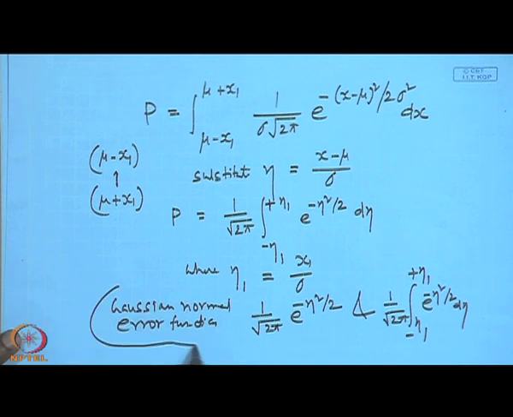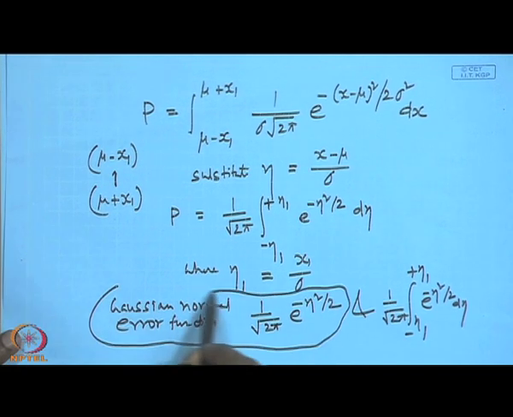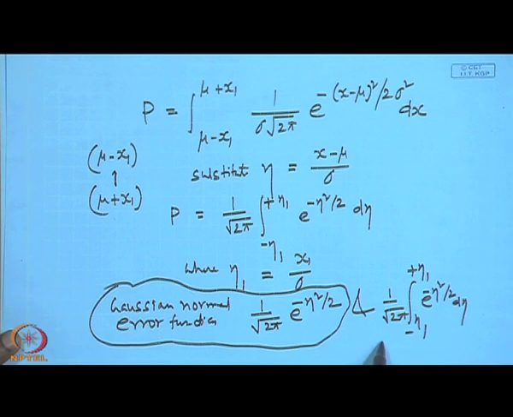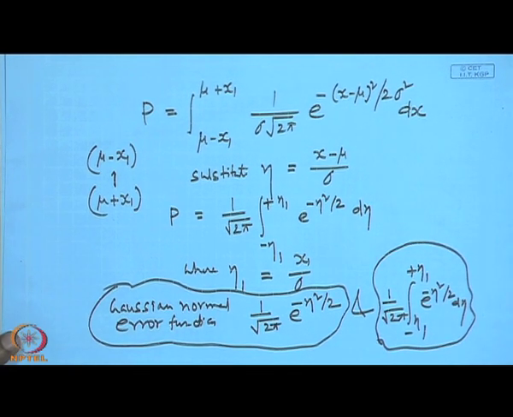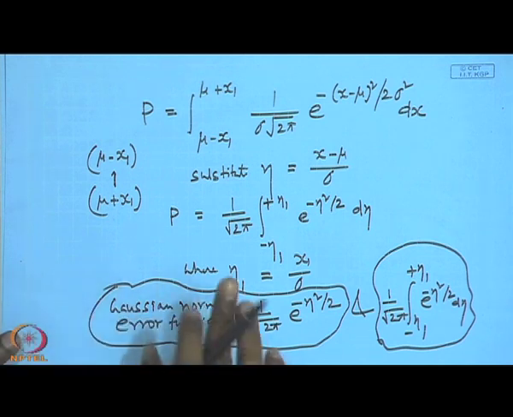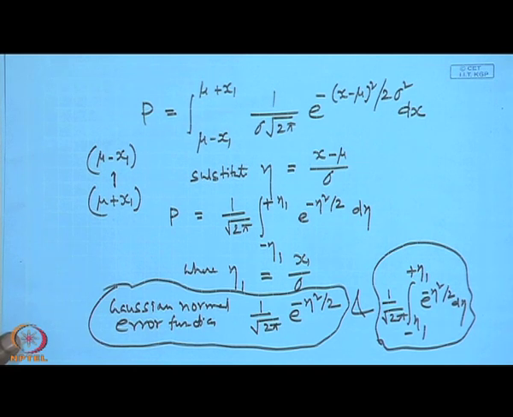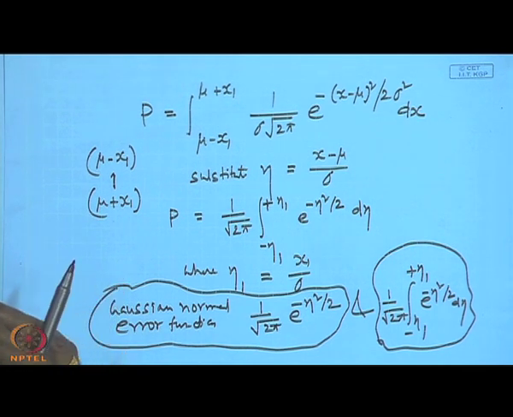The Gaussian normal error function and the integral of the Gaussian function are available as standard tables. We can make use of that table to find out what is the probability that a particular measurement will fall within, say, plus minus 1 standard deviation or plus minus 2 or plus minus 3 standard deviation.